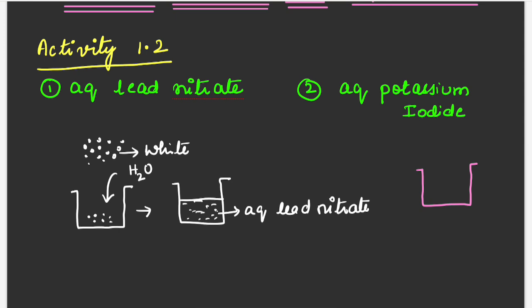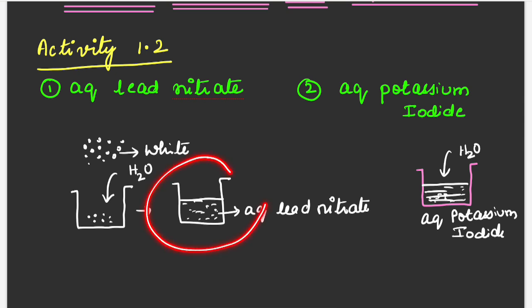In this beaker we take potassium iodide crystals, add water into it and dissolve. You will get a colorless liquid like this. This colorless liquid is called aqueous potassium iodide.